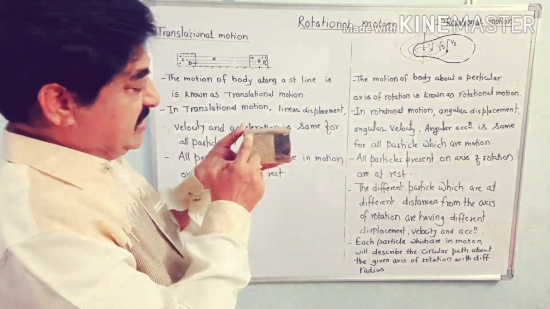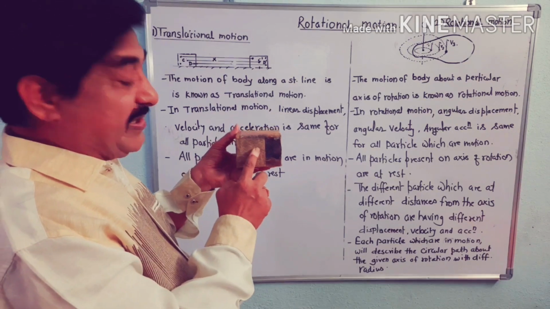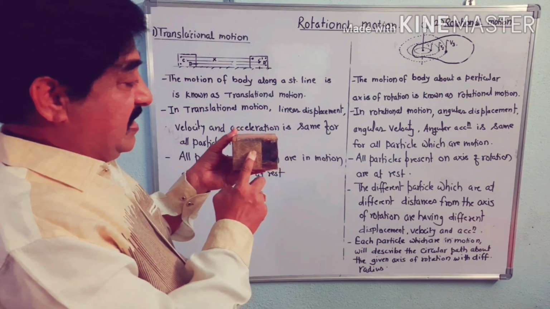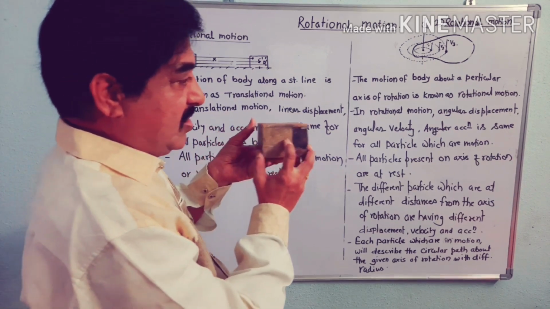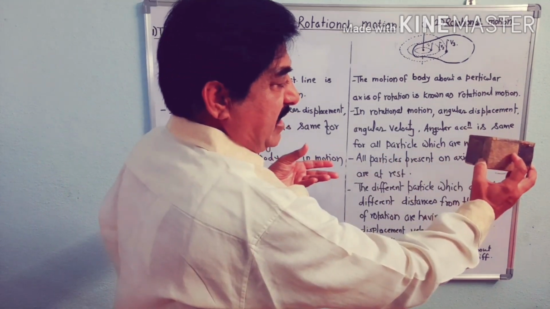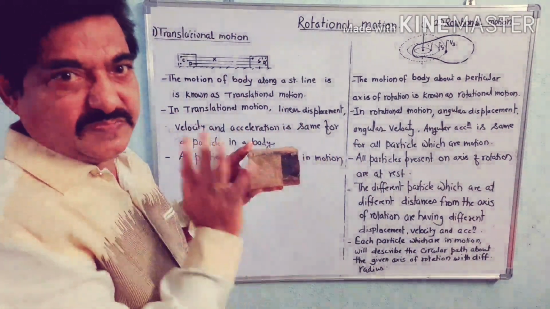See this. This is the center particle C. When this body moves from initial position A to final position B, the displacement of the central particle is x.